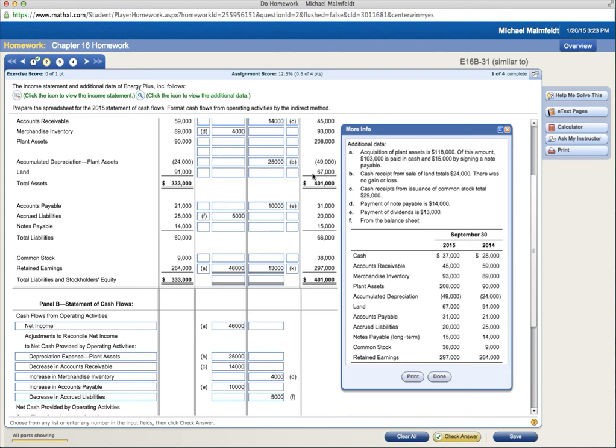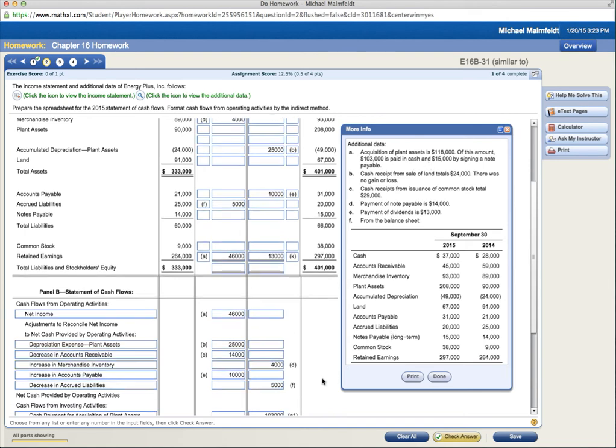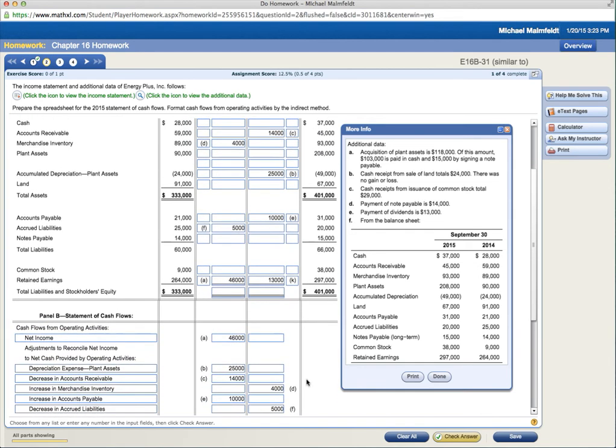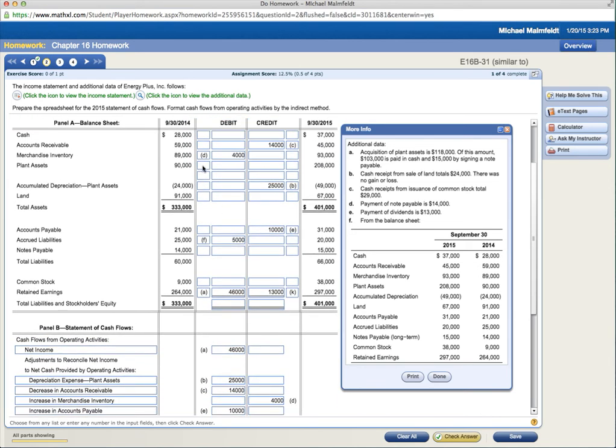And that's because our acquisition of plant assets consisted of a cash amount and a notes payable amount. So the first one that we came to was the cash payment for $103,000. That was G1. This is an asset account. So to increase the asset account by $103,000, we want to debit it right here.